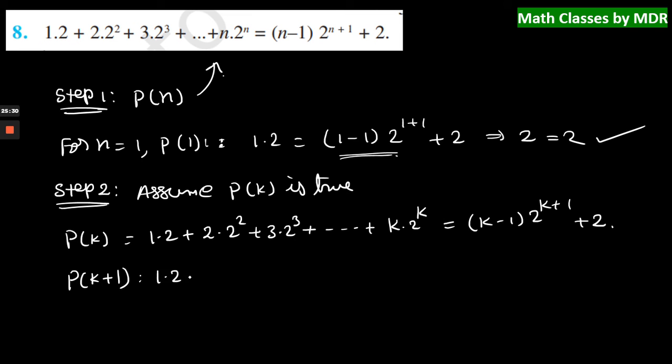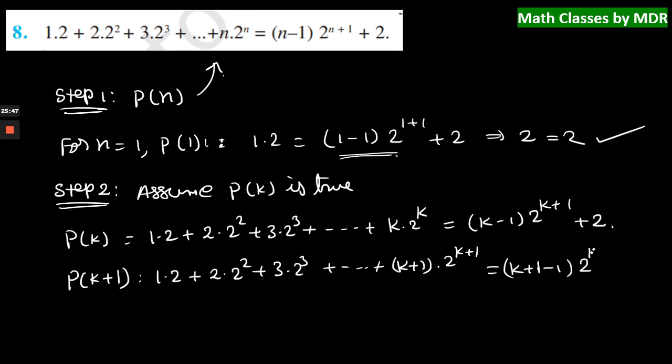So for that, let us take 1 into 2 plus 2 into 2 square plus 3 into 2 cube plus, up to wherever you have n, just replace with k plus 1: (k plus 1) into 2 to the power (k plus 1), and then (k plus 1 minus 1) into 2 to the power (k plus 1 plus 1) plus 2.